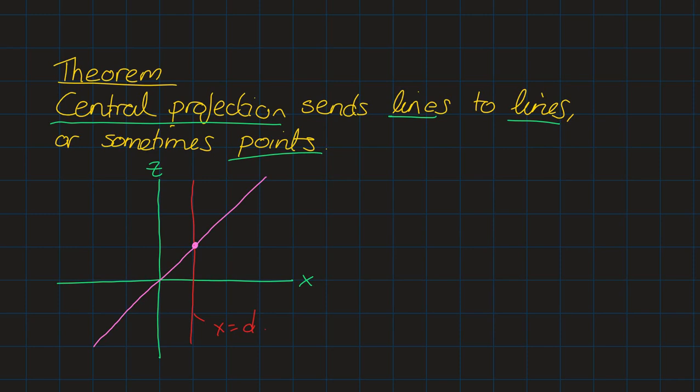The pink line gets sent entirely to this point right here, because the pink line lies in the line of sight. It's directly the line of sight, so it gets sent to that point there. But in general, lines and line segments get sent to other lines and line segments. So let's do an example.